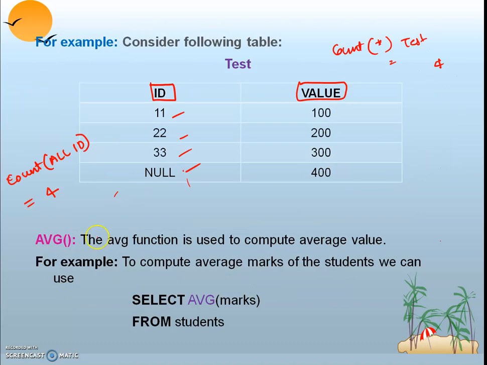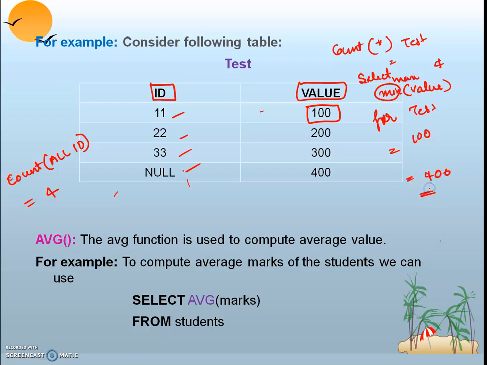Min of value means minimum of value. So this is what you need as output that I am writing in the select command from test. So the value will be 100 as my output. In the same way, if I replace min with max, the output will be 400.